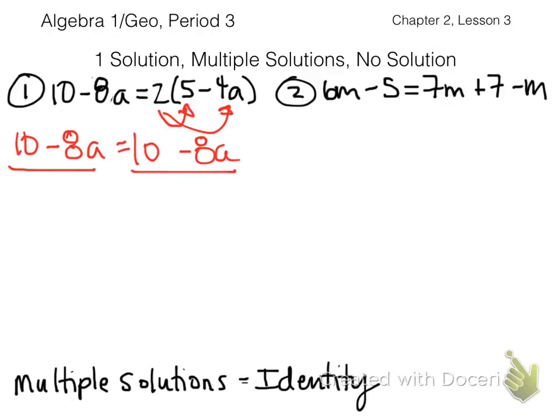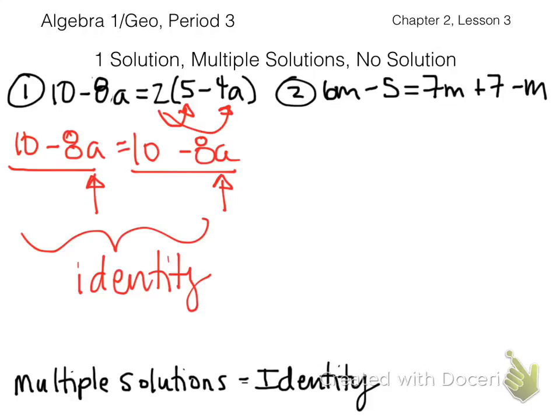Why, yes it does. So no matter what I place in for a, as long as I place the same value for a in both situations, which I should, because it's the same equation, I'm going to get a true statement no matter what. So this is what we call an identity, or a multiple solution scenario, because it doesn't matter what I put in for a, I'm always going to get a true statement.